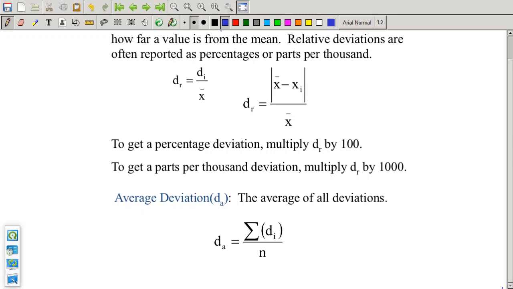That's what this would be. So in parts per thousand, you're going to say dr times 1,000. Okay, that's assuming your relative deviations are pretty small, which you can hope for. All right.